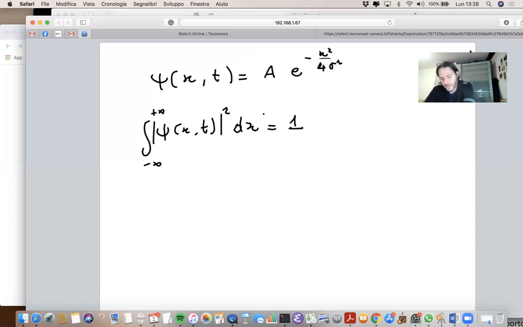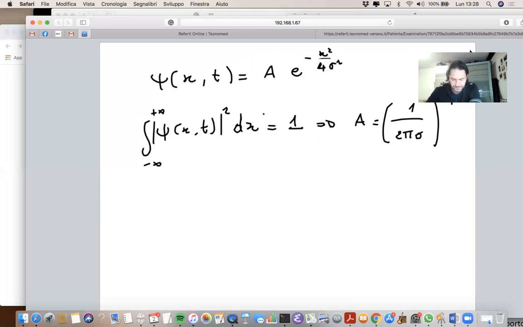Now I'm working in one dimension, so I don't have a three-dimensional integral here, just one. So this will give me A. And I would say, in this specific case, I would imagine that A is just 1 over 2 pi sigma to the 1/4, I would say.